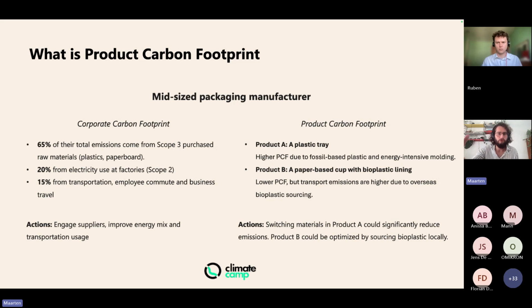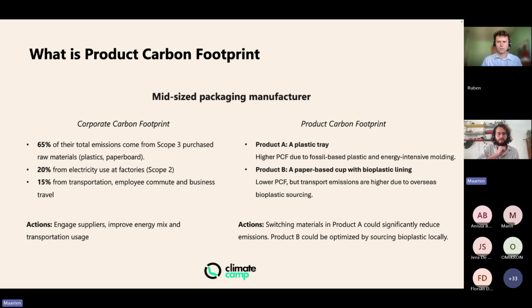But if we then move towards product carbon footprint, we see this packaging company makes 2 products. They make a plastic tray, which has a much higher PCF because it uses plastics, which are fossil-based, and it uses an energy-intensive mold. It also has product B, a paper-based cup with bioplastic lining. This has a lower PCF, but they need to source the bioplastic from, let's say, China.